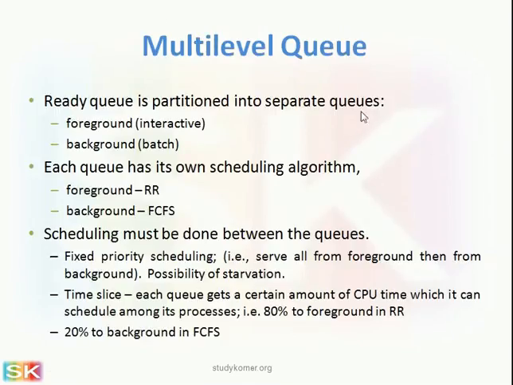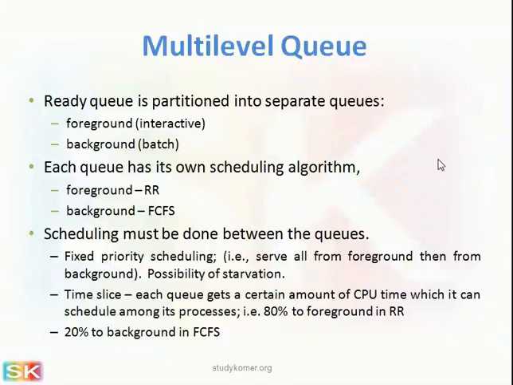The next is multi-level queue. So the ready queue is partitioned into separate queues for foreground processes and background processes. So we can put interactive processes into the foreground queue and batch processes into the background queue, because background processes are those processes which do not require any intervention or support of the user, right?